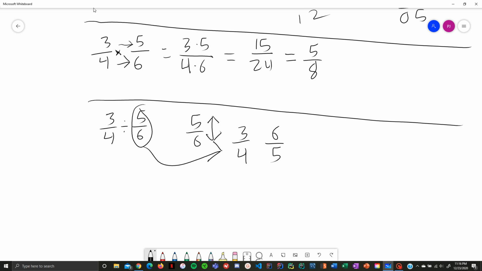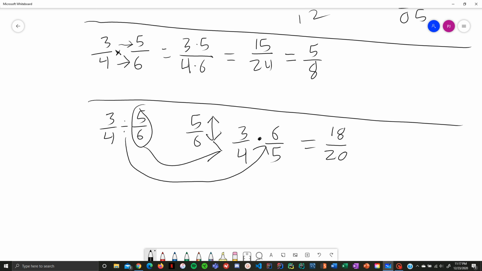Then after we take the reciprocal, this will become a multiplication problem. Division will become multiplication. So this sign right here is going to change to multiplication. And so now all we have to do is just simply multiply right across. 3 times 6 is 18, and 4 times 5 is 20.